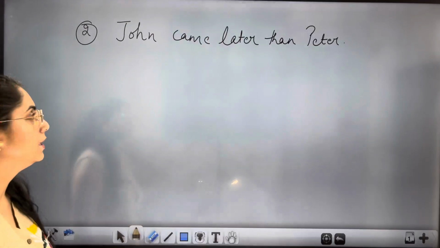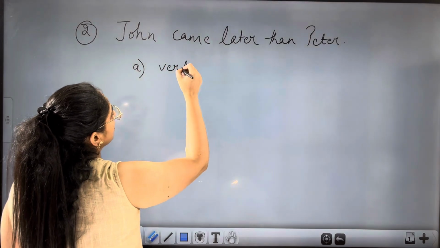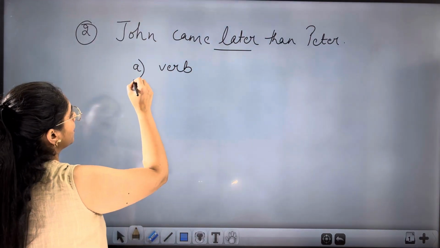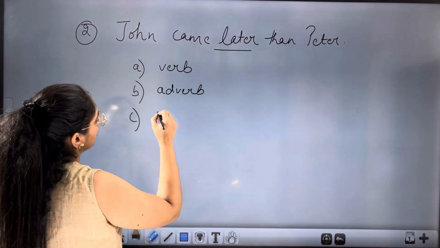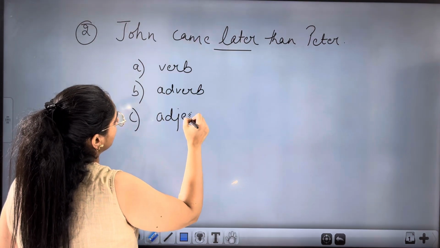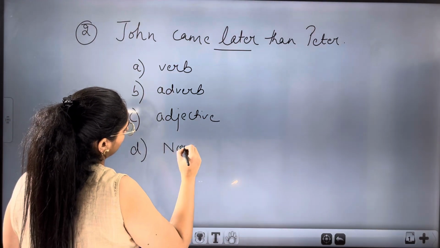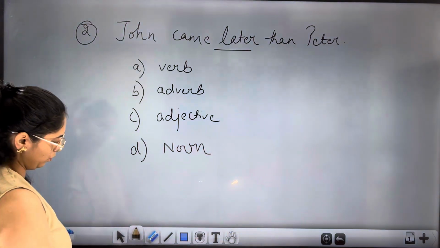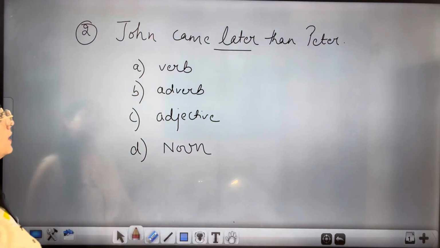John came later than Peter. Options: verb, adverb, adjective, or noun. Now, let's see what the sentence says.